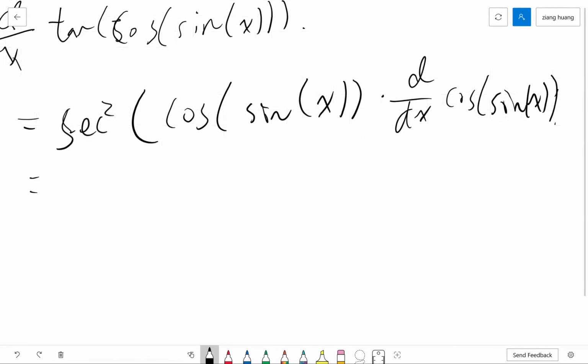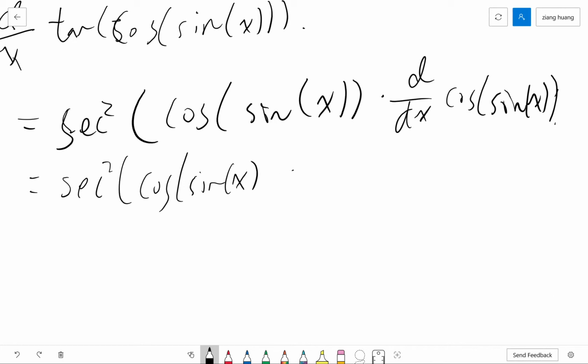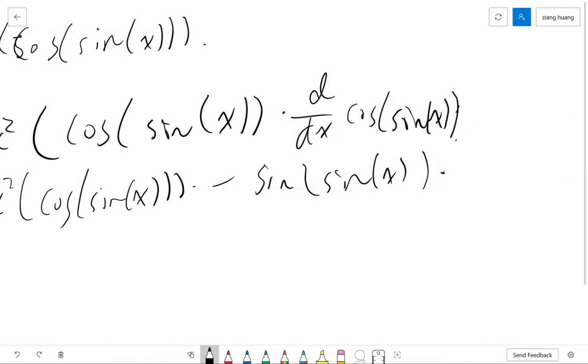So this would equal, we keep this side the same because it's finalized, and we need to apply the chain rule again. So this would equal negative sine of x multiplied by cosine of x.